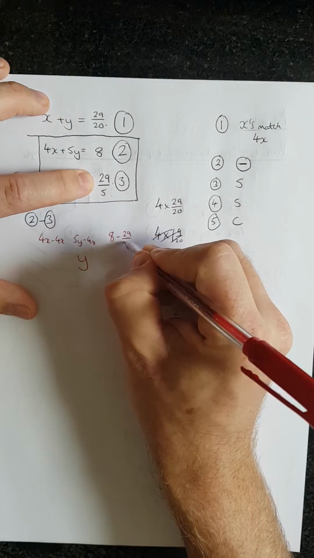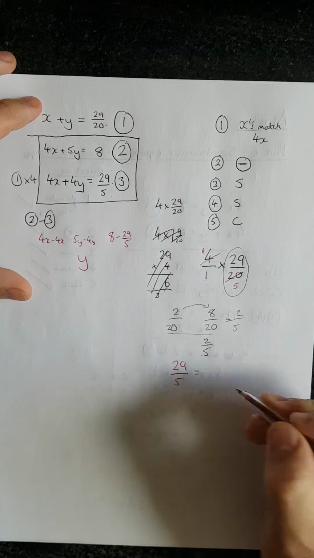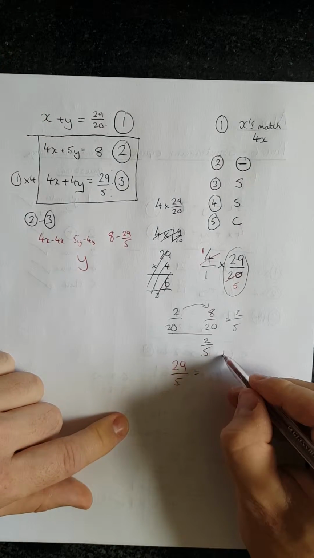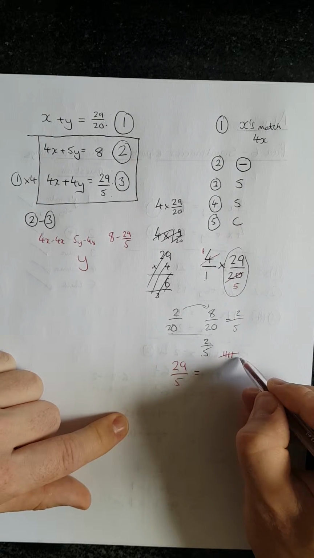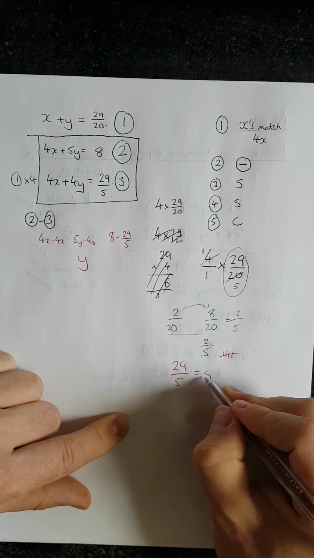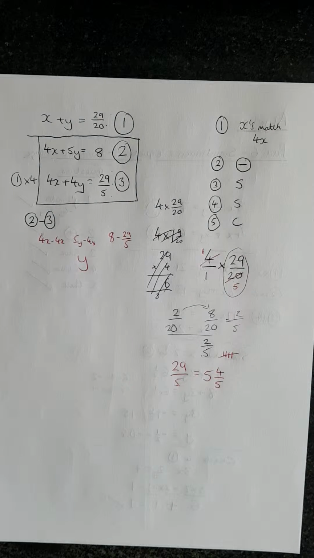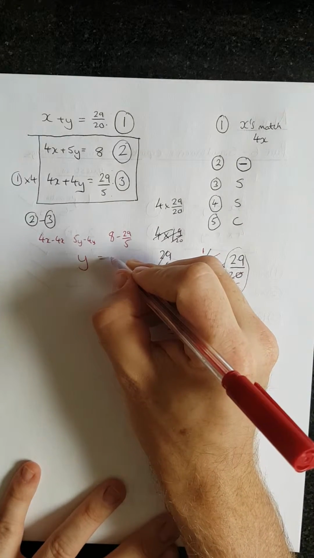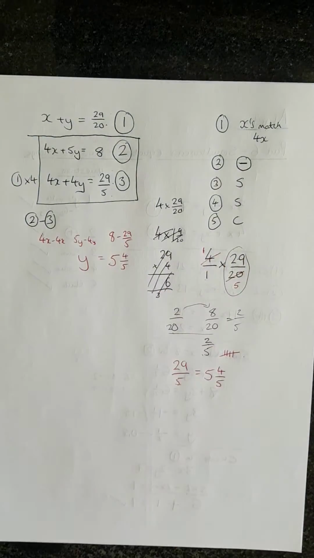I'm going to have to do some side work here again. So 29 over 5. So every 5 bits makes a whole one. So it's 5, 10, 15, 20, 25. Can't get to 30, so it's 5 and 4/5. So that is equal to 5 and 4/5.